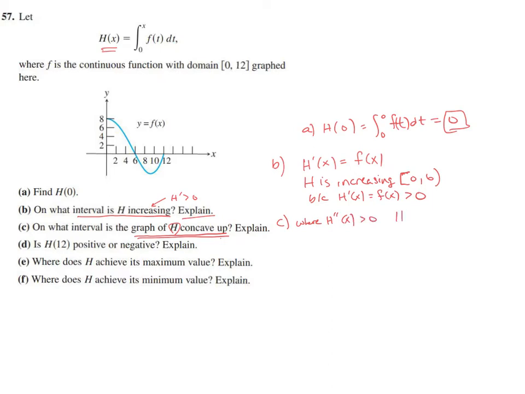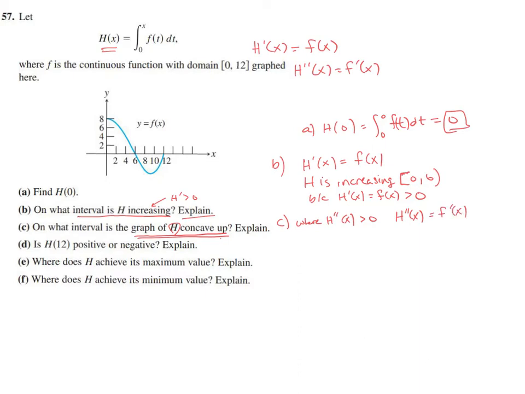But since we know that h prime of x is equal to f of x, that would mean that h double prime of x would equal f prime of x. So h double prime of x equals f prime of x.